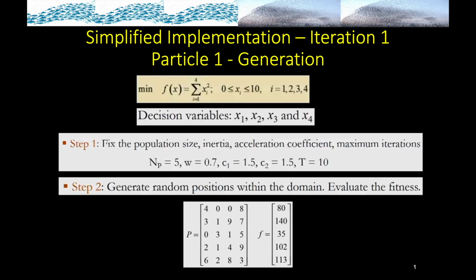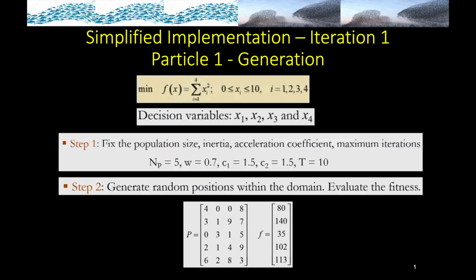How do you run the particle swarm optimization algorithm on a real example? The problem here is we want to find the minimum of the function x, which is basically the sum of squares of 4 variables. The 4 variables can have possible values between 0 and 10 inclusive, and hence we have got 4 decision variables: x1, x2, x3 and x4.